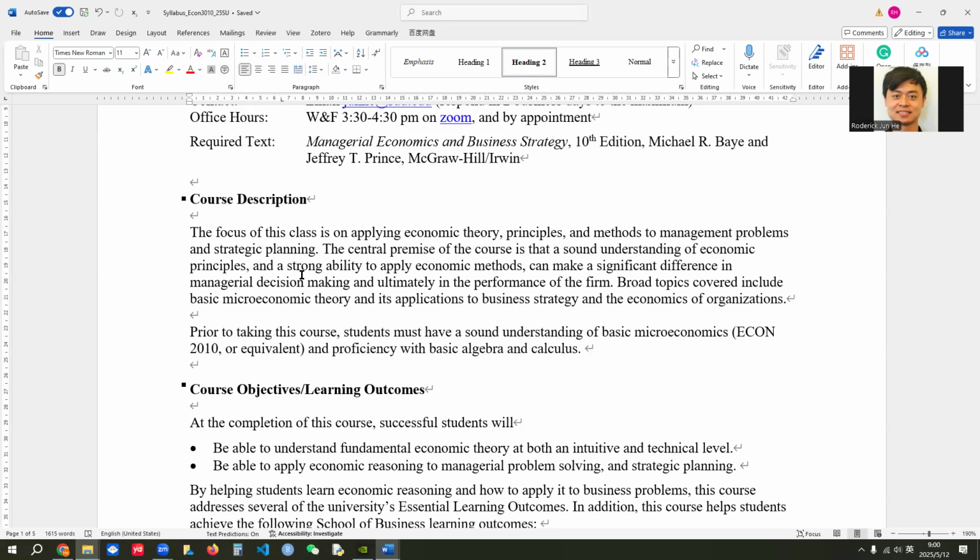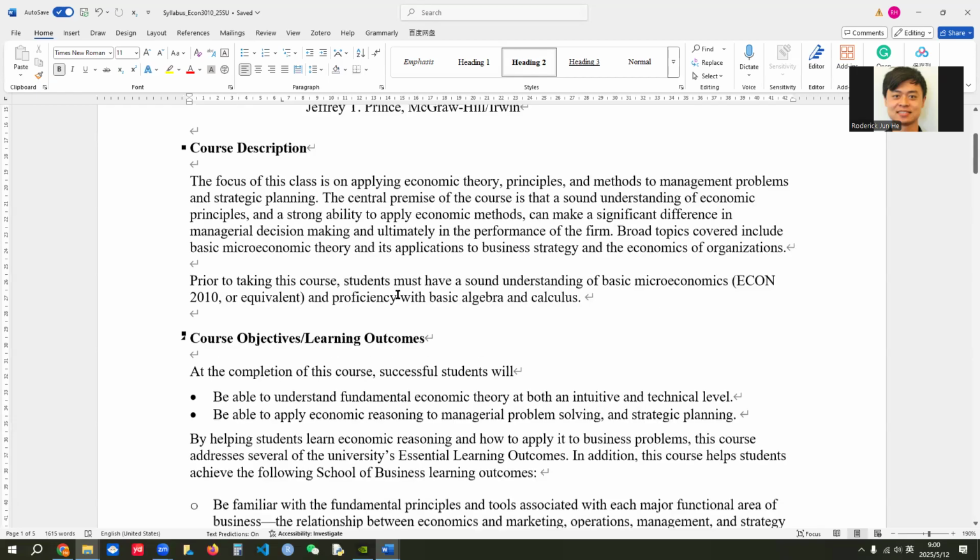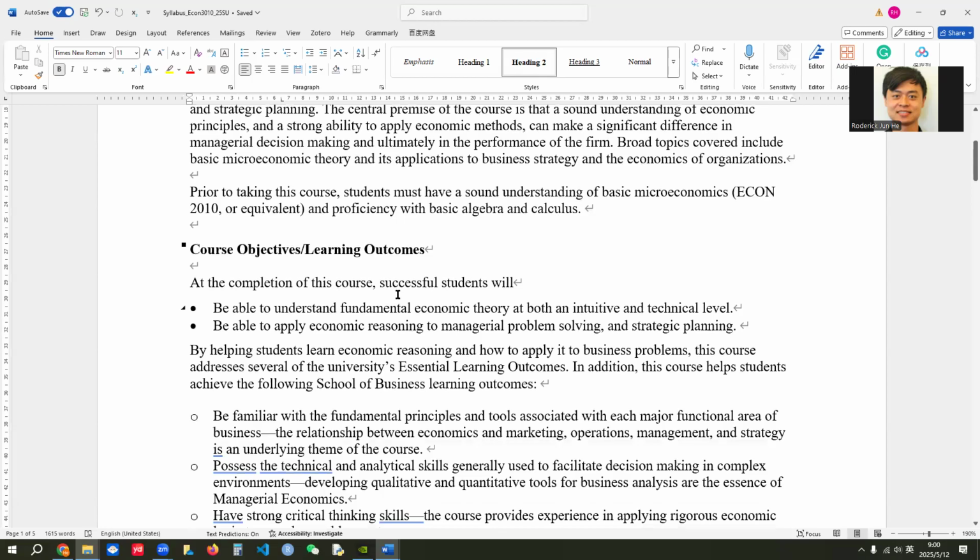Broad topics covered include basic microeconomic theory and its application to business strategy and the economics of organizations. You are expected to master fundamental economic theory at both an intuitive and technical level and be able to apply economic reasoning to managerial problem solving and strategic planning.